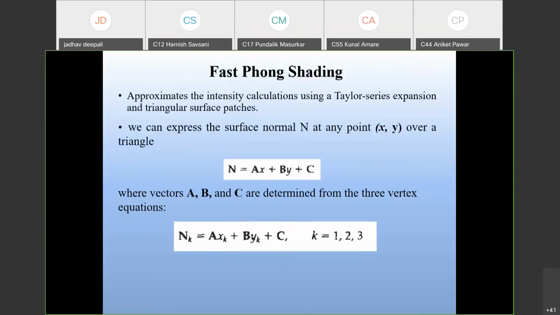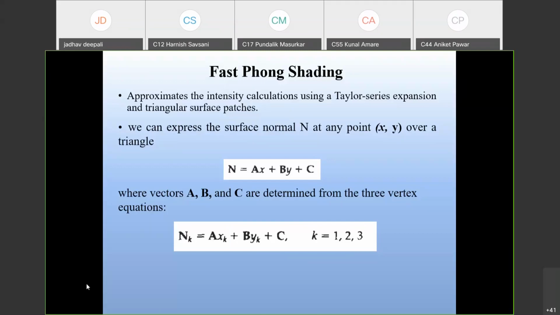Now, fast Phong shading. Here one triangle example is given. It approximates the intensity calculations using a Taylor series expansion and triangular surface patches. If there are triangular surface patches, then we can express the surface normal n at any point x, y over the triangle as ax plus by plus c, where vectors a, b and c are determined from the three vertex equations.